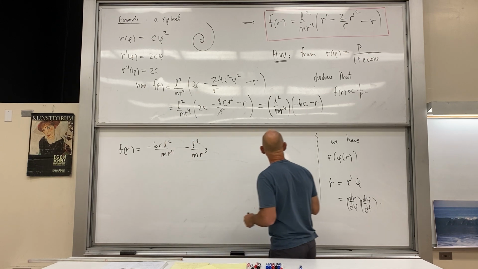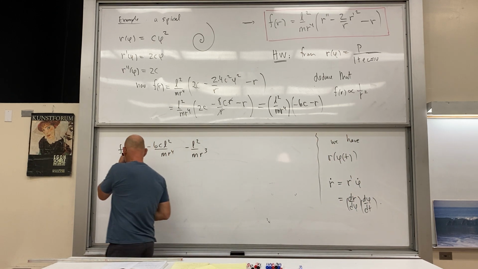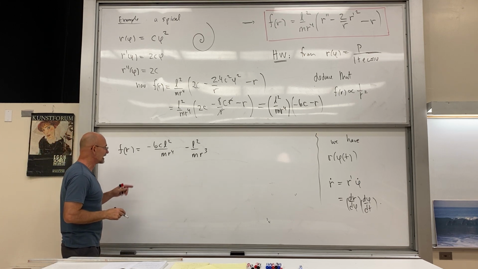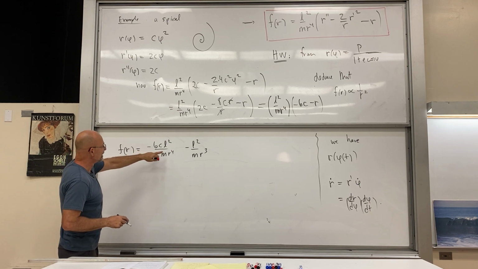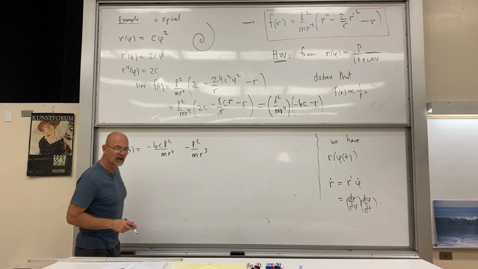So that'll work. Minus sign on both sides. So that's an attractive force with the minus sign. And what is it? It's a combination of 1 over r to the fourth and 1 over r to the third.